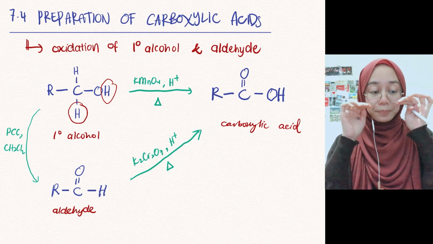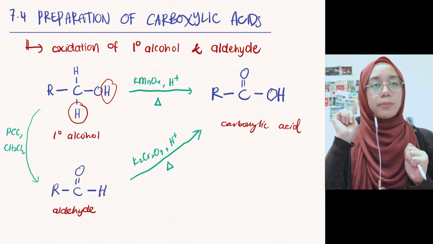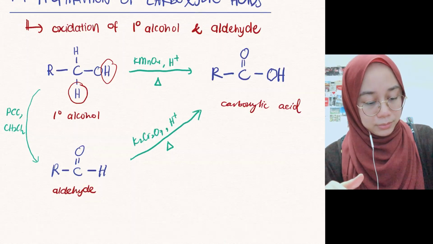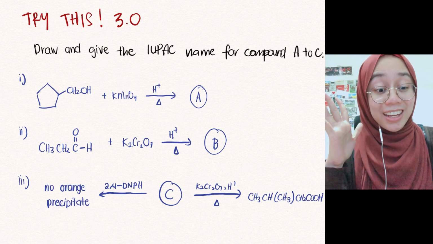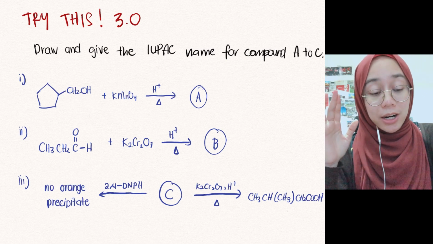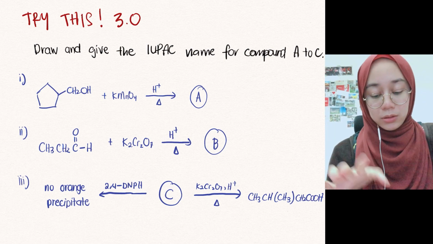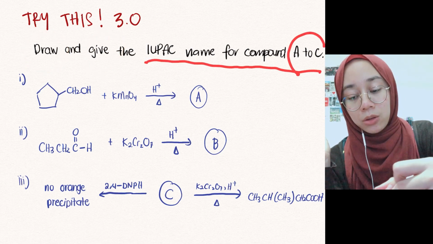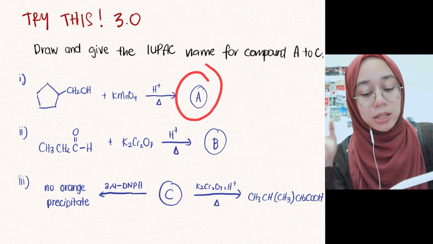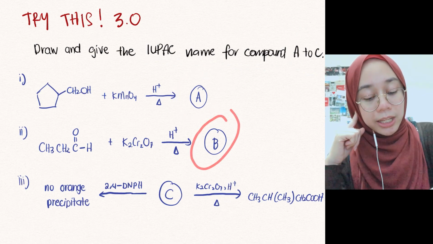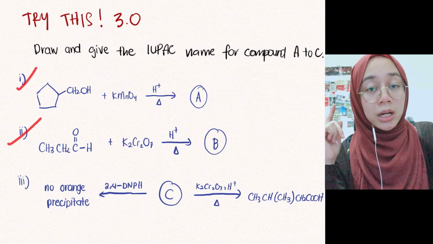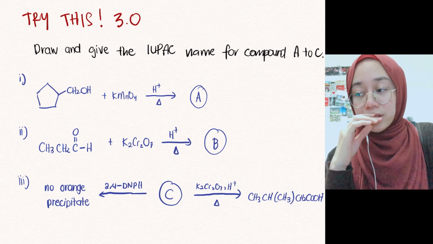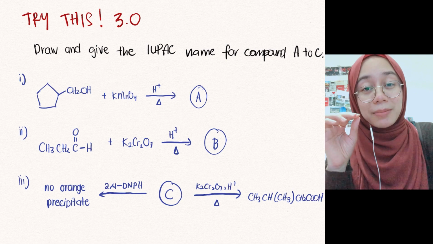Okay, so now it's your turn to try a question. Miss is not giving an example, you can look back at the old notes. So Miss will straight away give you the question and you can try this. Okay, so this is the question that you need to try. Draw and give the IUPAC name for compound A to C. So question one has structure A, question two has B, and question three has C. I think numbers 1 and 2 are quite straightforward. But for 3, you need to do some analysis first.